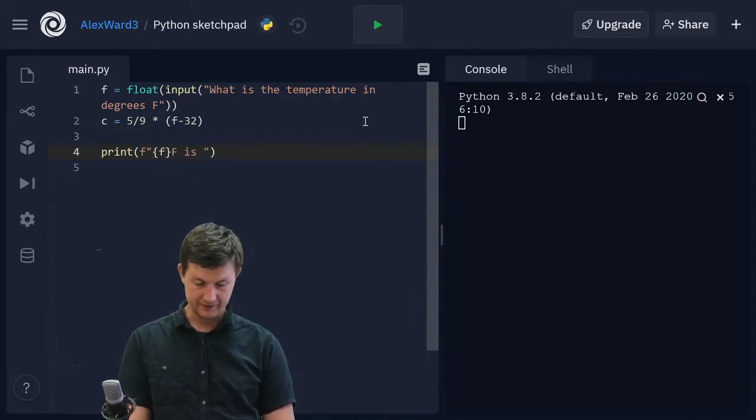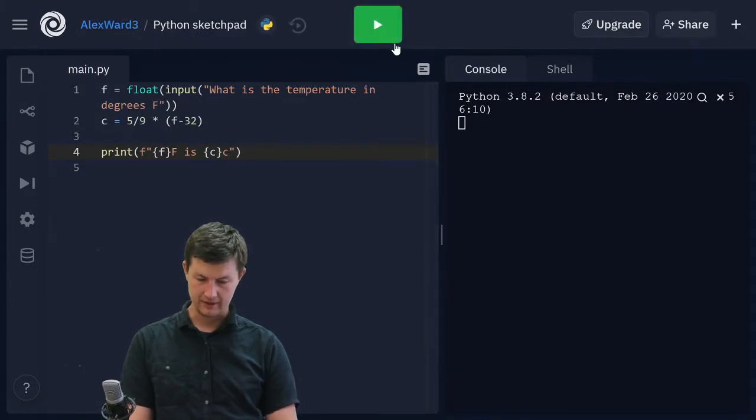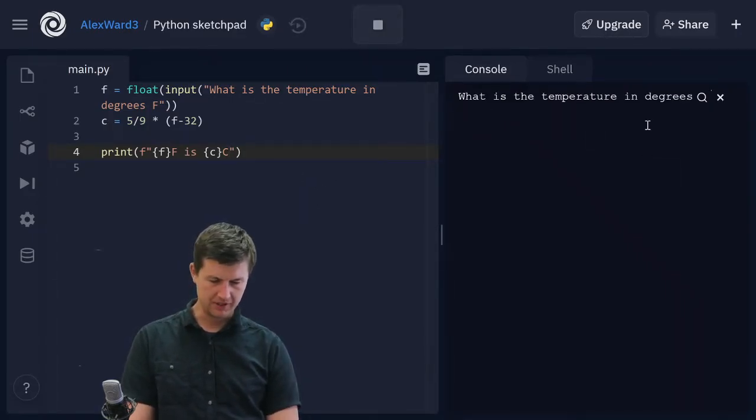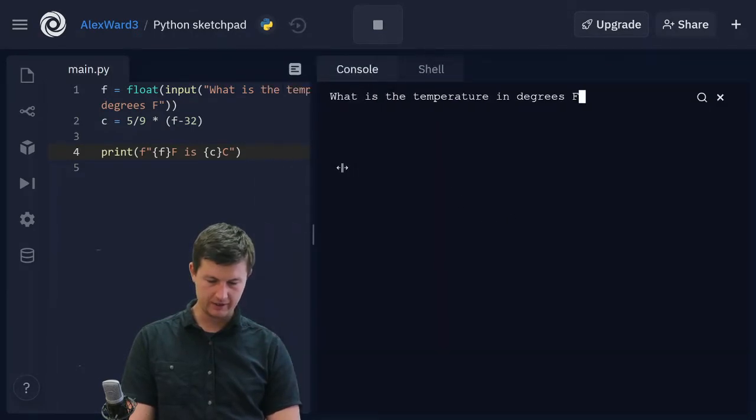F is C. Celsius, capital C? Good question. Little c. Big C. What is the temperature in degrees Fahrenheit?